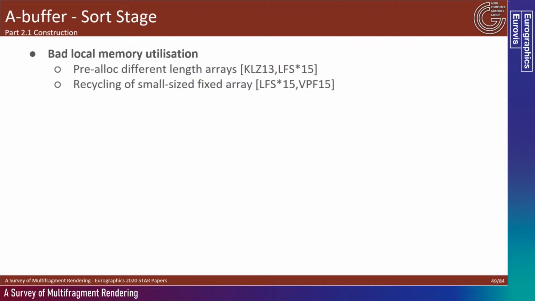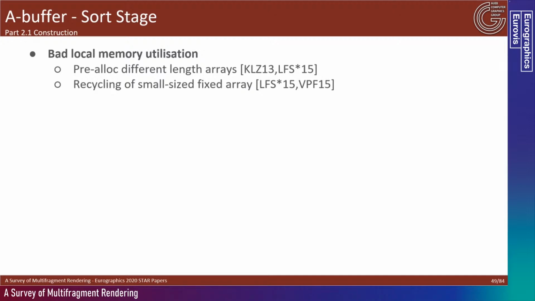So now let's discuss what the research community has proposed in order to mitigate those issues. With respect to bad local memory utilization, there's been two novel approaches proposed to improve the management of local GPU caches.